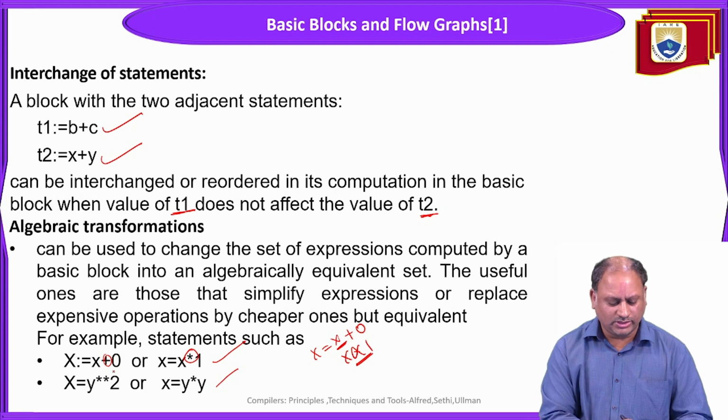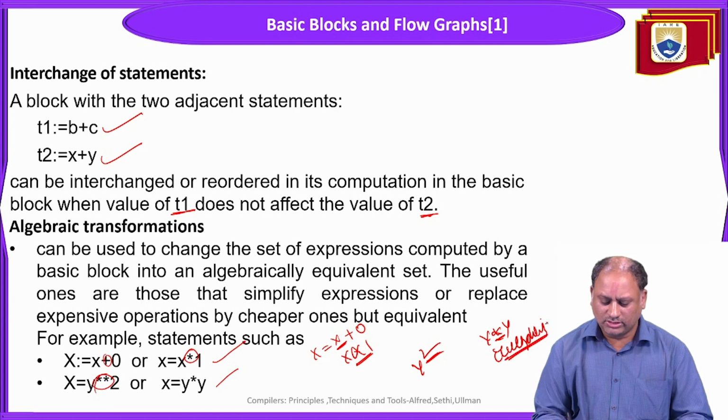An expensive operation here is power: y power 2. Y power 2 is an expensive operation compared to multiplication, y star y. Here star is the multiplication operation. So that's why the power is to be avoided, and multiplication is to be used where it is available.